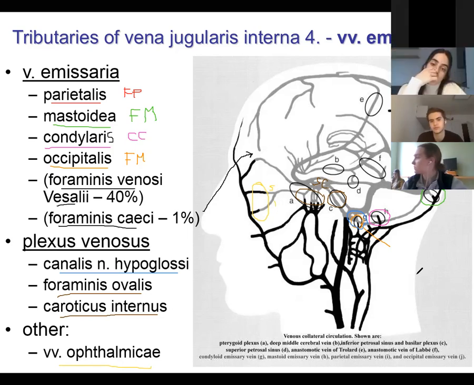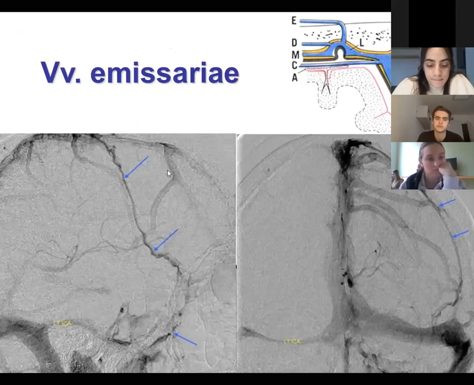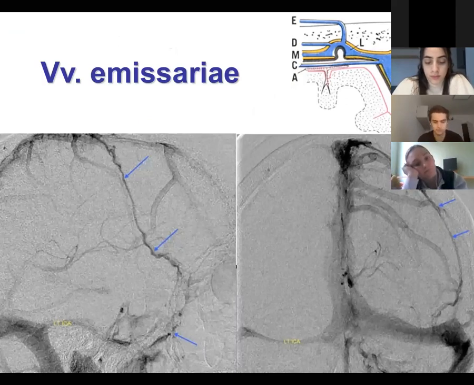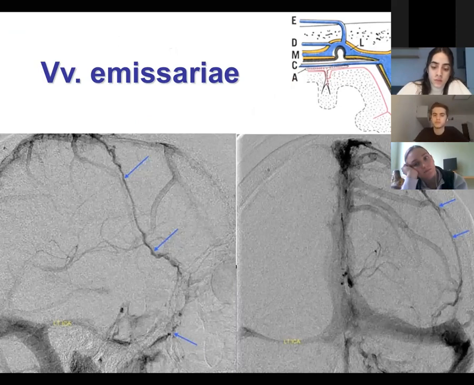Clinically, it's important as it can serve as a way to get inflammation from external to internal. But it can also serve as a way to get blood out from the brain, in case you have a thrombosis somewhere in an important drainage area, like the transverse sigmoid sinus or internal jugular vein.